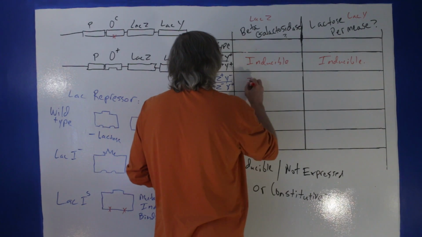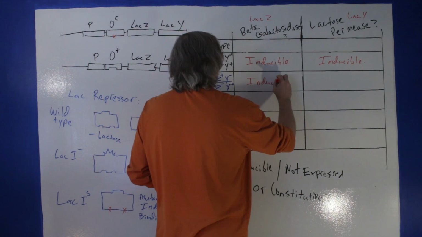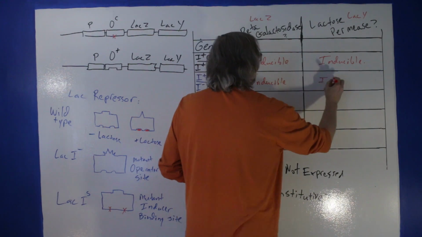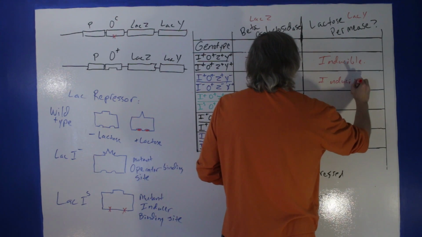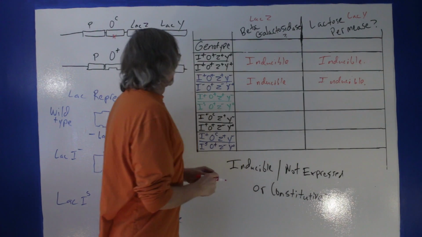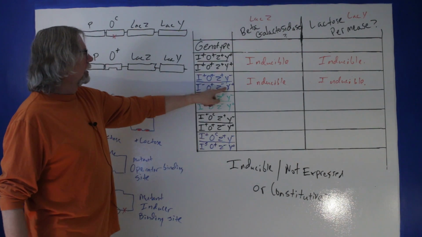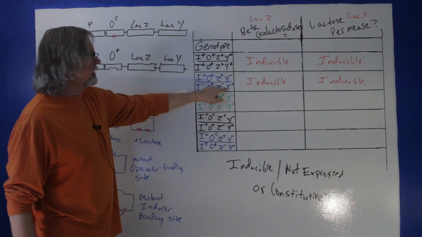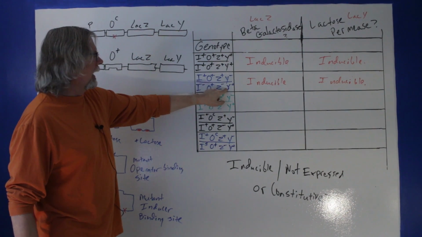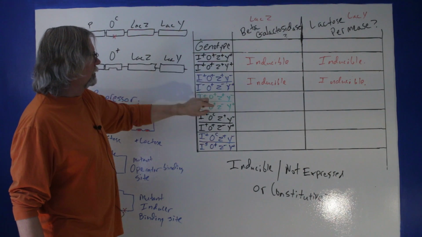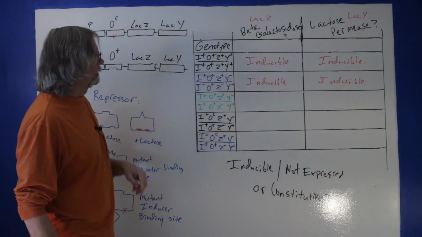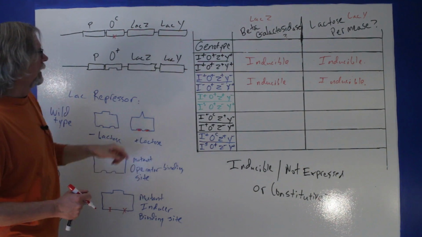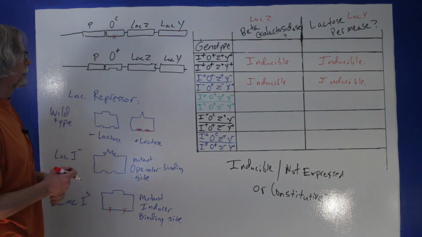This will be inducible expression for both. Okay? Doesn't matter which copy, which operator the wild type LAC-Z or LAC-Y is linked to. Both of these are fully functional operators, and there's a fully functional inducer.